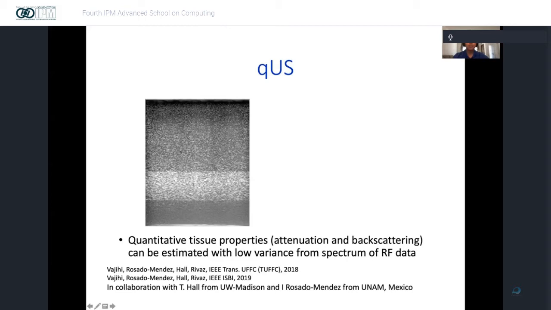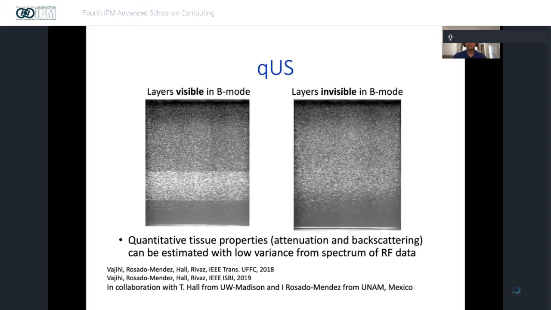Here in this image, which is made from a phantom with known acoustic properties, we were able to extract the acoustic properties of the tissues, such as scattering and attenuation, from the image. And then in other phantoms, these layers were invisible in the B-mode image.